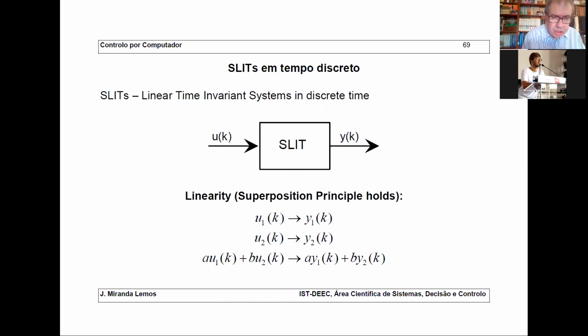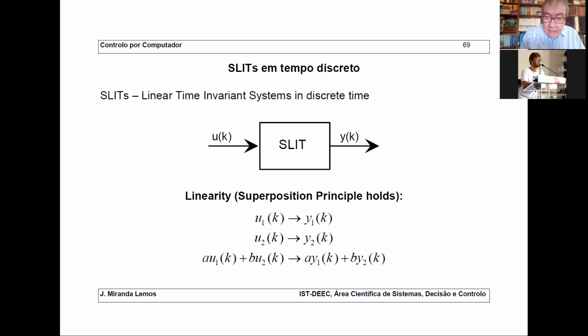So if you lose linearity or if you lose time invariance, then things become much more complicated. You can say, well, systems in true life are not time invariant. I mean, look at me. I'm quite different from what I was 10 years ago or 20 years ago. So I'm changing. No?